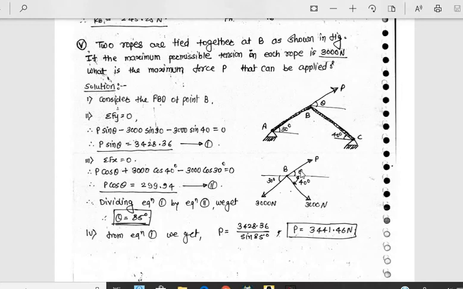Unless we are able to calculate this theta, we cannot apply Lami's theorem. If this theta is given, then it is very simple and we can easily apply Lami's theorem. Since we cannot apply it here, we have to think of other options.